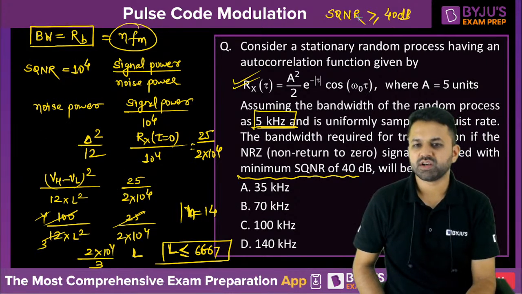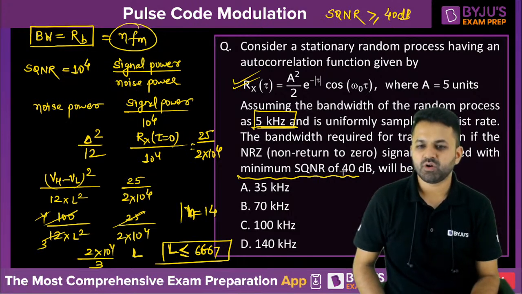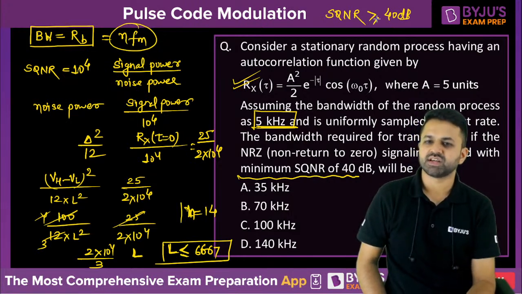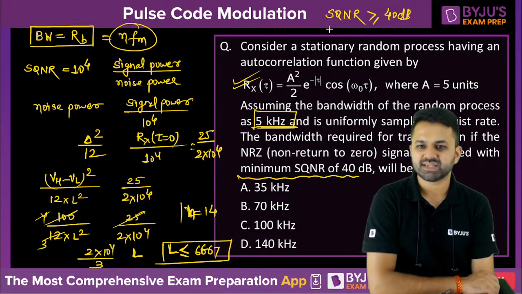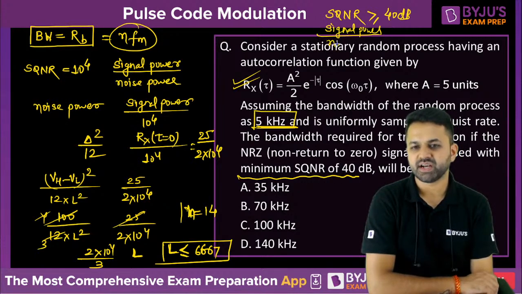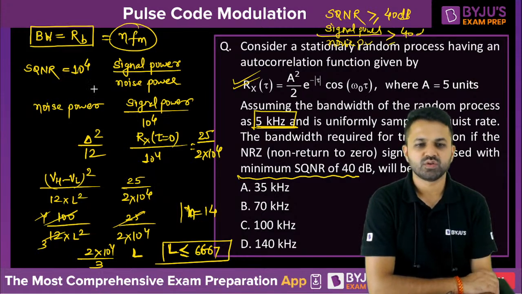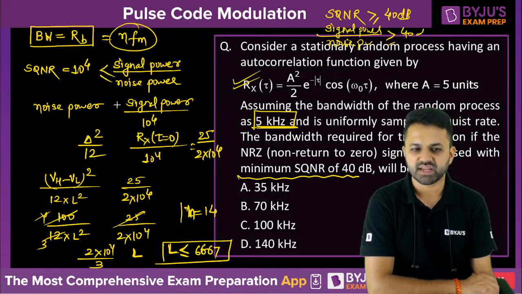Signal to quantization noise ratio is minimum of 40 dB. That means signal to quantization noise ratio should be greater than 40 dB. So according to the formula, signal power divided by noise power should be greater than or equal to 40 dB, because it is also minimum.